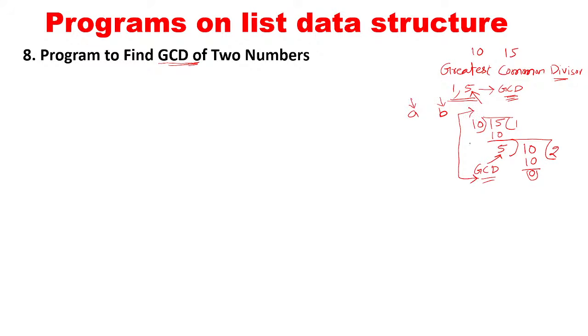You should understand how mathematics can be converted into programming steps. The same kind of calculation you ask your computer to do. When you write a program for that, it performs the same kind of division and gives you the GCD of these two numbers.